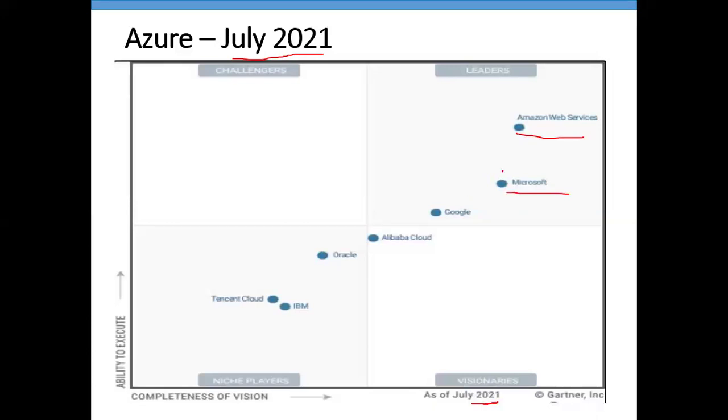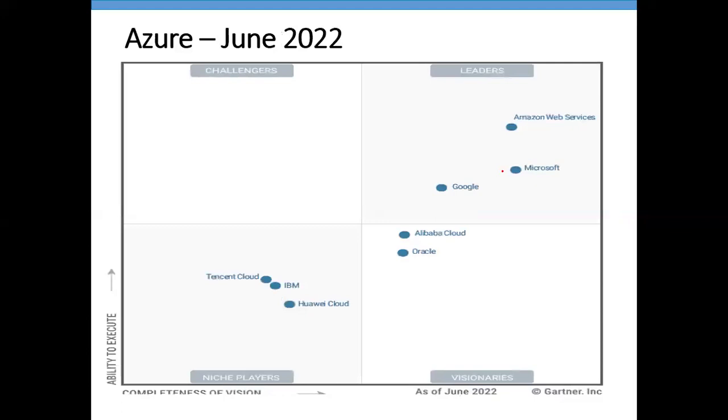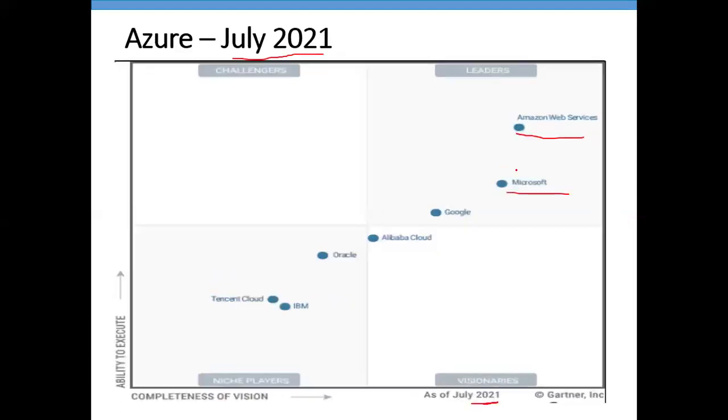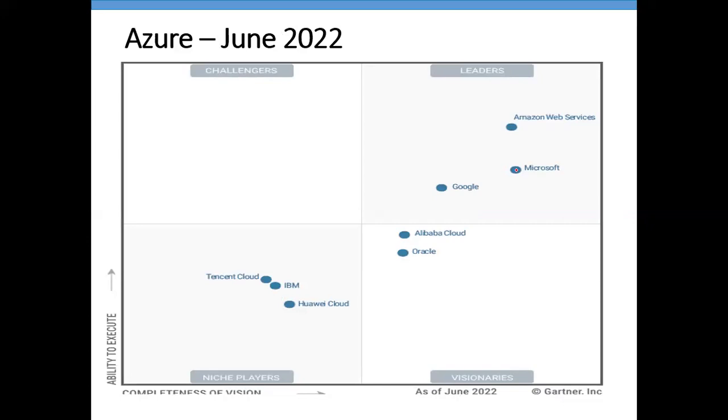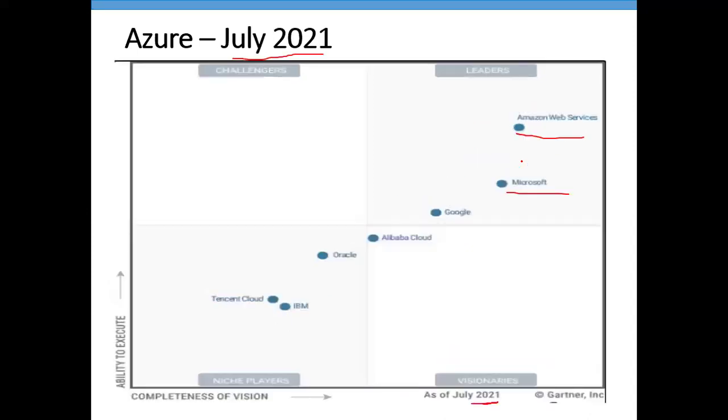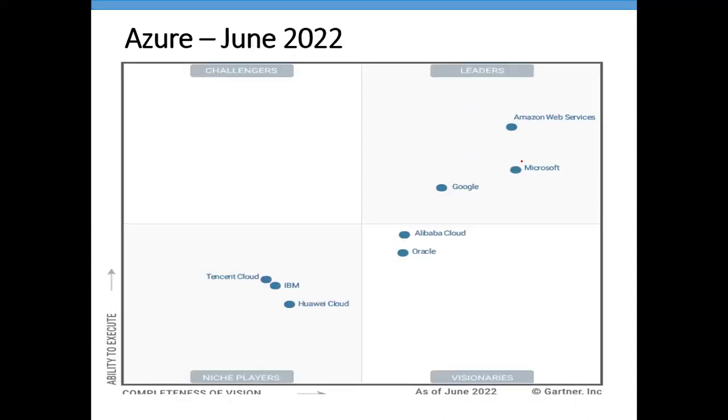If I go to 2022, see the position of Microsoft. This is 2021. This is 2022. So Microsoft is capturing more market right now. Now, if I show the comparison of 2022 and 2023, see here.